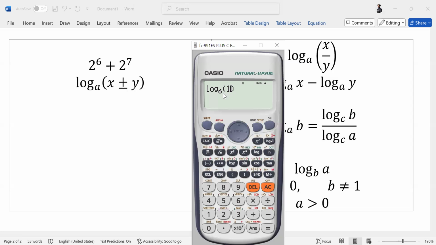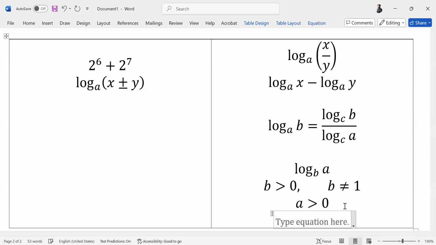What power will 6 have such that it becomes 1? 0. Makes sense? So no matter what the base is, if your input is 1, the answer will always be 0.